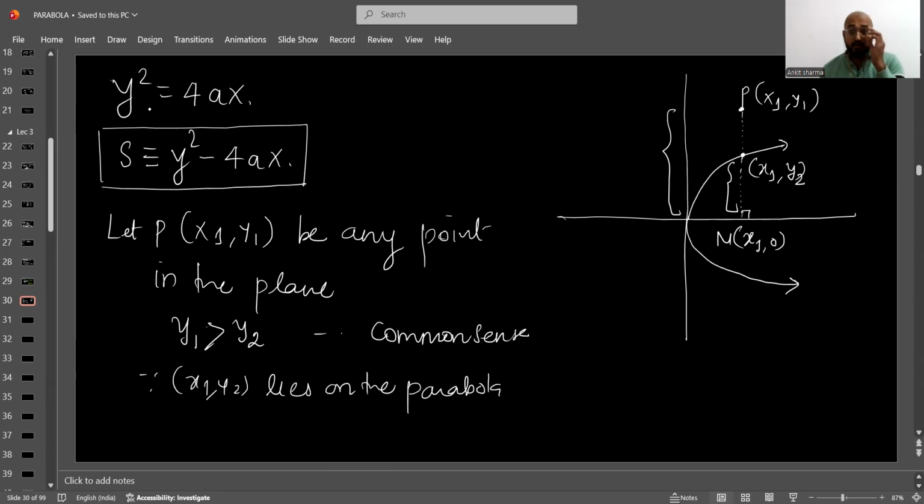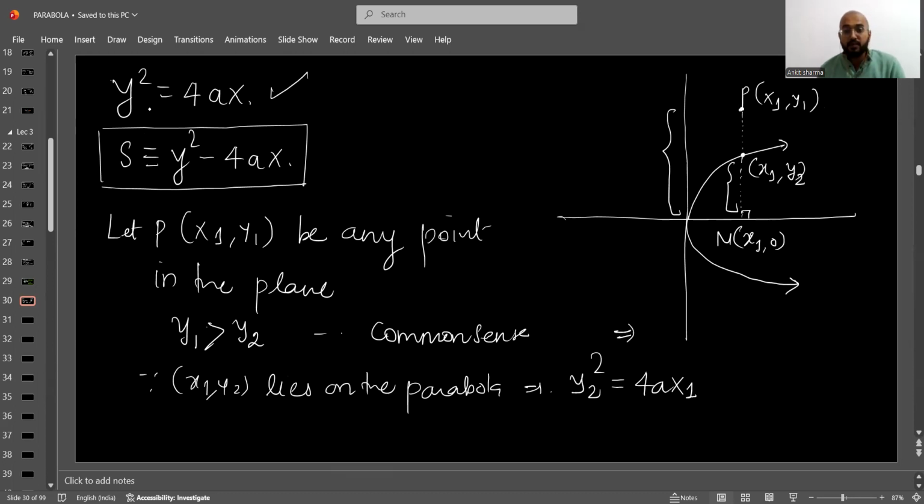Now I'm saying that x1 comma y2 is lying on the parabola, so it will satisfy this equation. So I'll have y2 square is equal to 4a x1. Now y1 is more than y2.